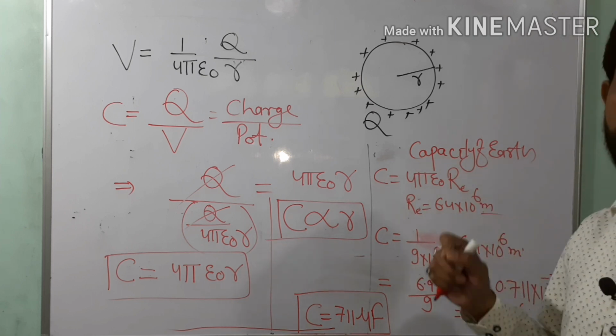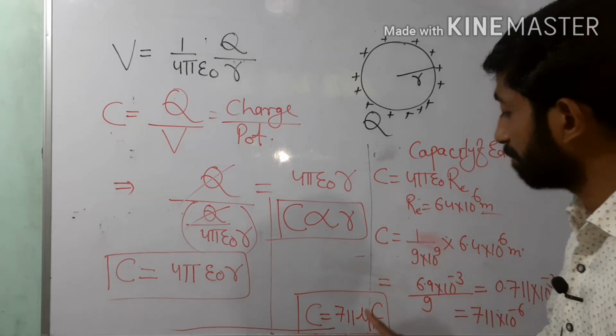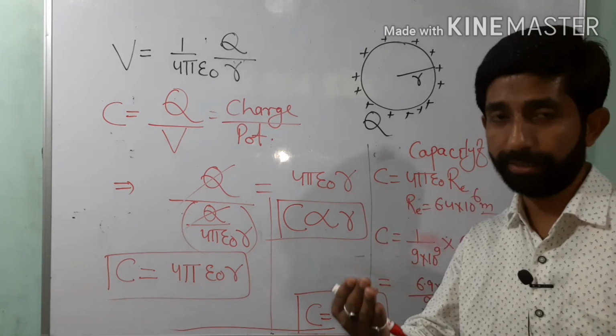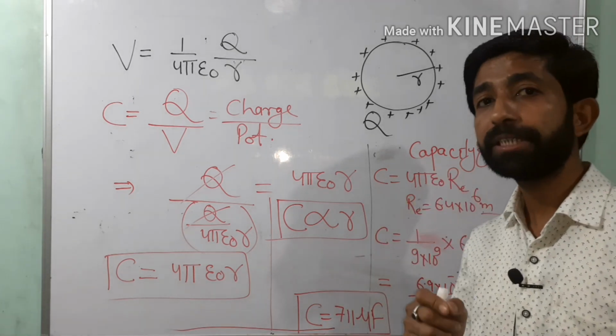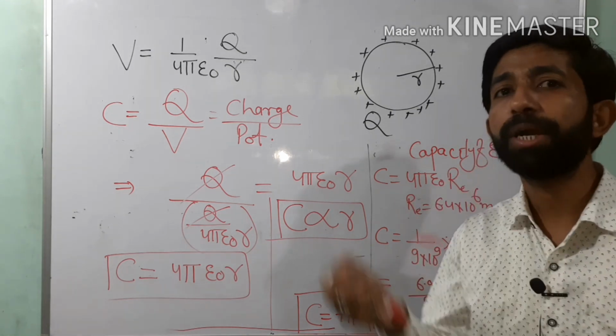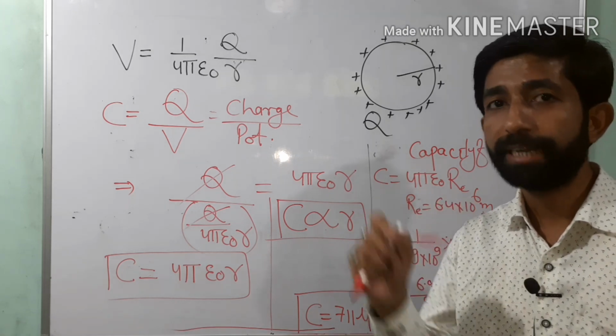Generally in practical and commercial cases we use capacitance of microfarad, 1 microfarad, 2 microfarad, nanofarad, then picofarad. The capacitors that we use in our ceiling fans are of 3.25 picofarad, 2.5 picofarad.